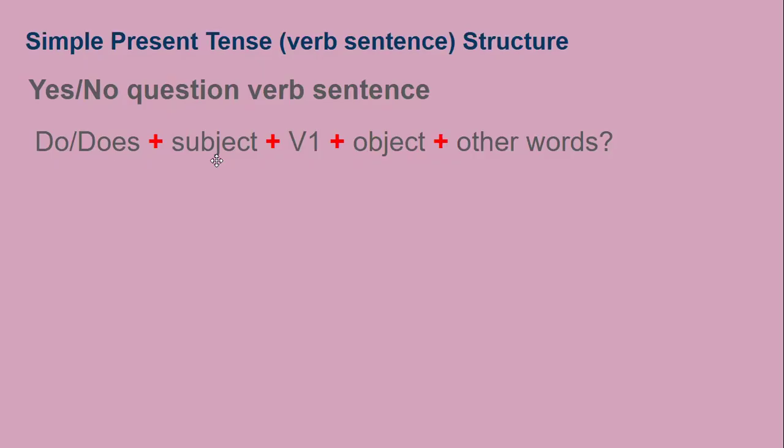Of course, whether we use the auxiliary verb do or does is dependent on our subject. And after that, we use our verb in its infinitive original first form. So we do not change our verb at all. After that, we go to the object. And after the object, we put other words.